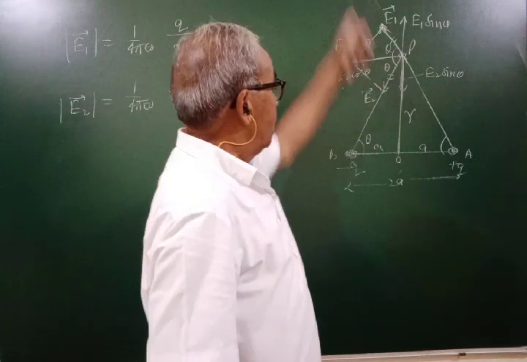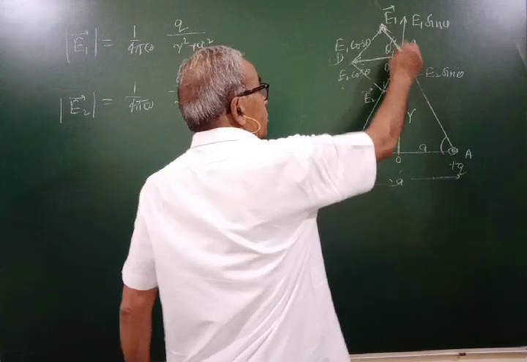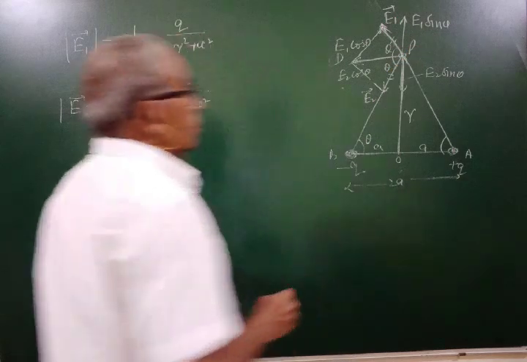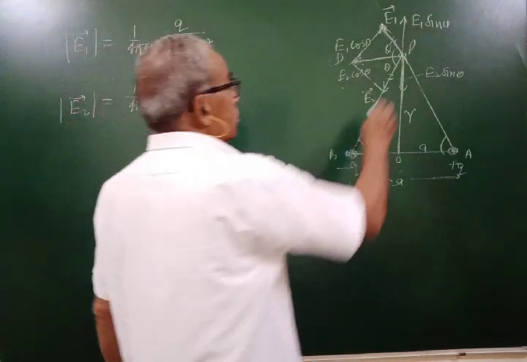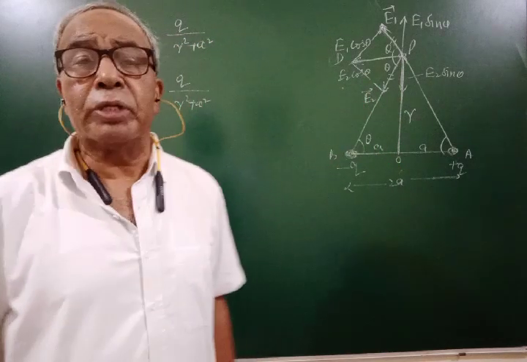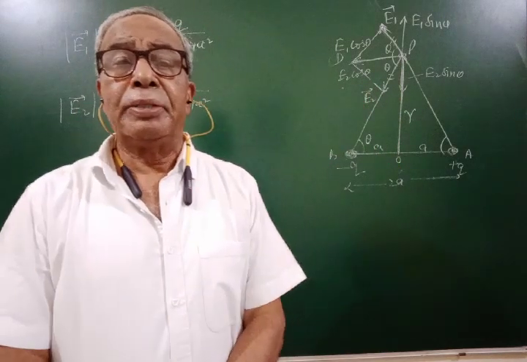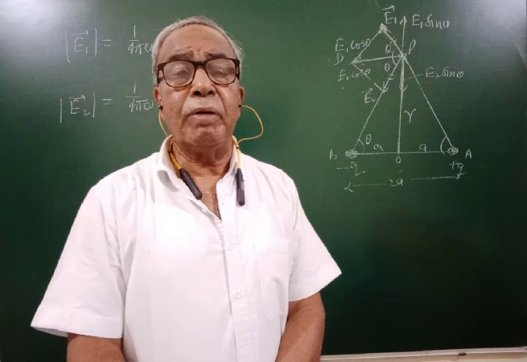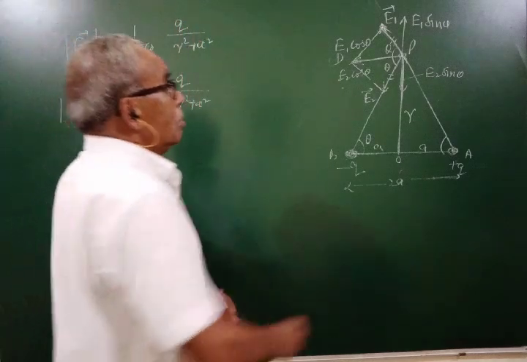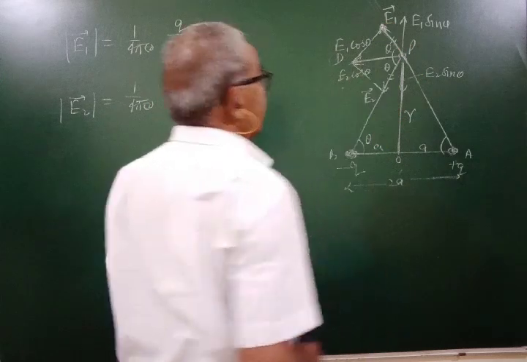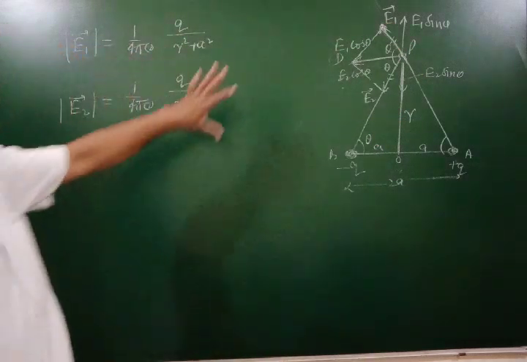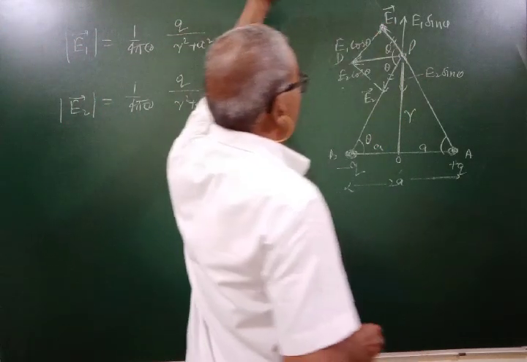The positive charge will be repelled by plus q and attracted by minus q. So E1 is this side, E2 this side. The magnitudes are equal. Now if two vectors are represented along the sides of a parallelogram, then the diagonal will represent their vector addition. So this diagonal PD of the parallelogram will represent the vector sum of E1 and E2.